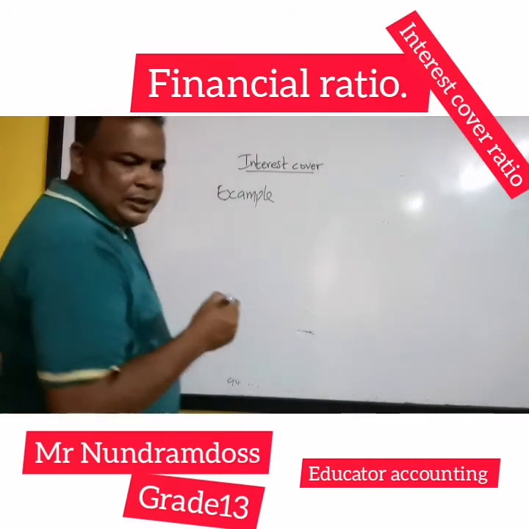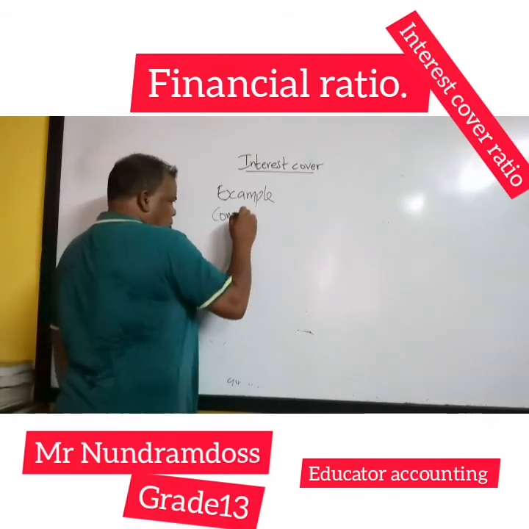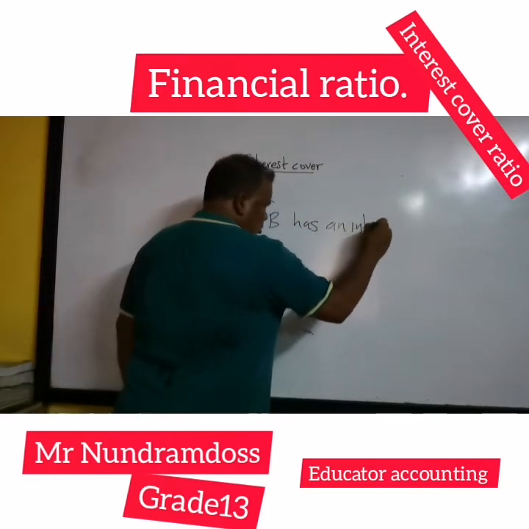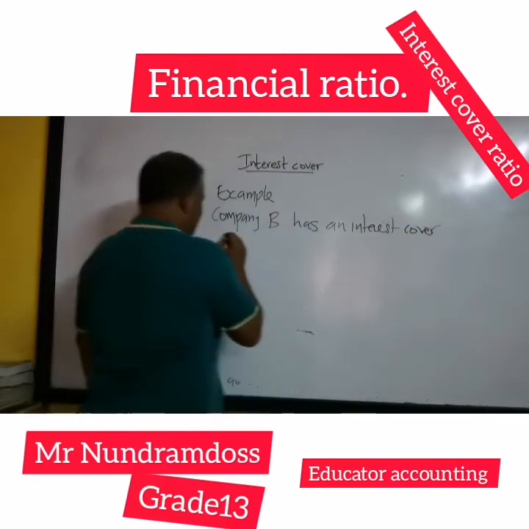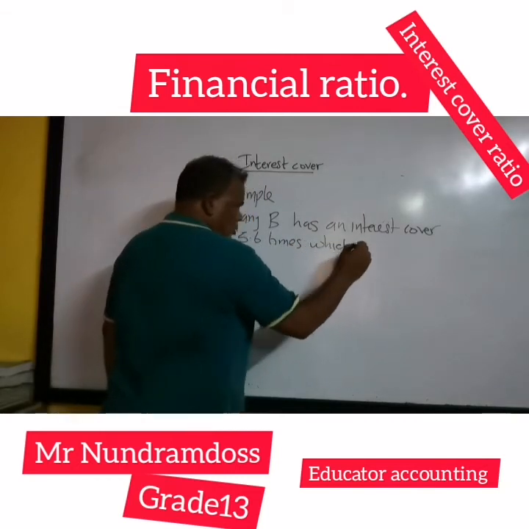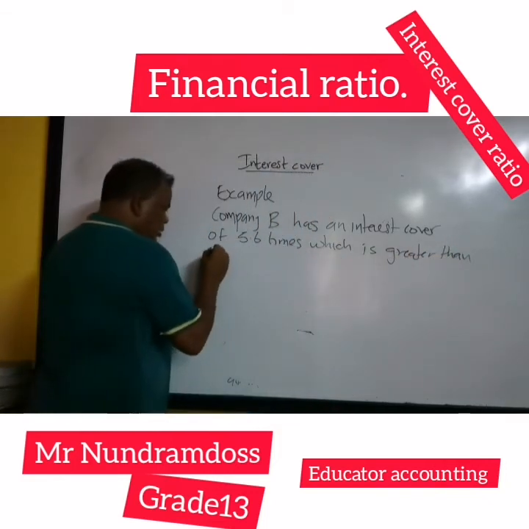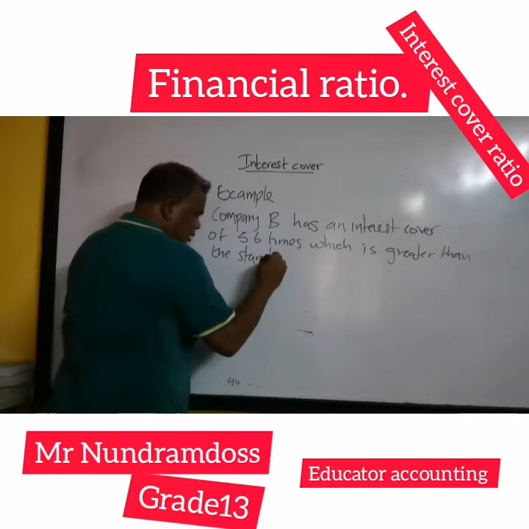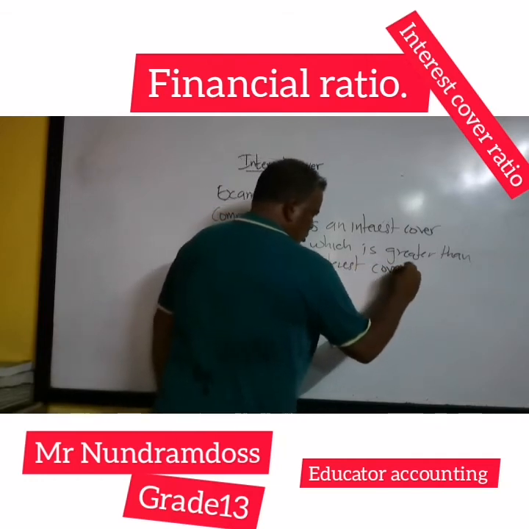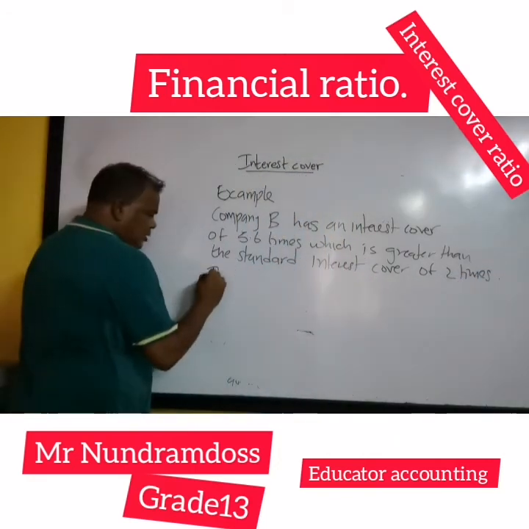Company B has an interest cover of 5.6 times, which is greater than the standard interest cover of 2 times.